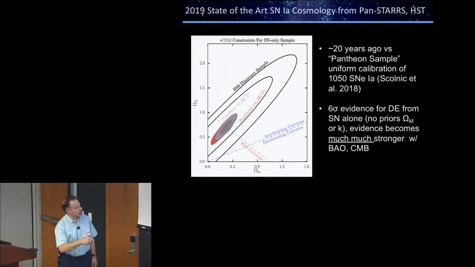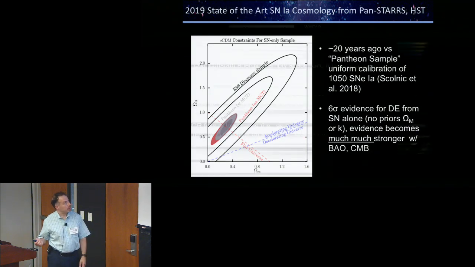This was our original discovery contour, so obviously, we had much less precision, but we were not too far off the mark. And so, of course, that's even just from supernovae, about 6 sigma evidence for dark energy via acceleration. Once you bring in data from the cosmic microwave background, baryon acoustic oscillations, the evidence goes way, way, way up, which is why we all believe in dark energy or something like it as what's going on.